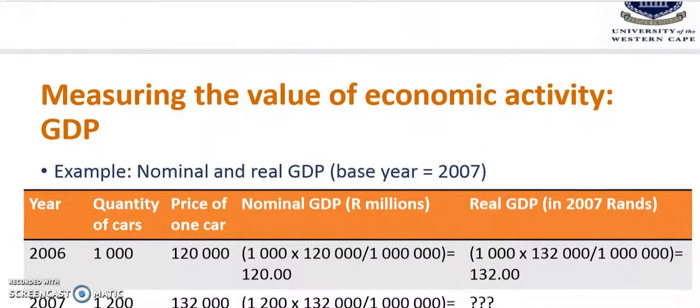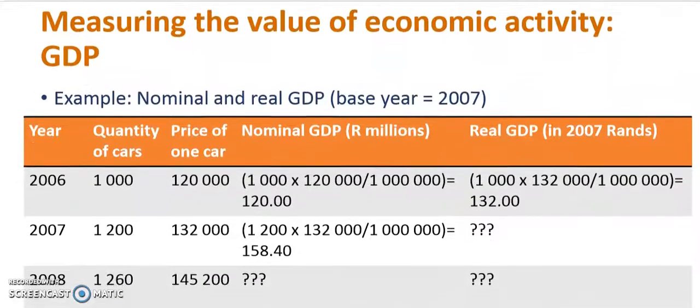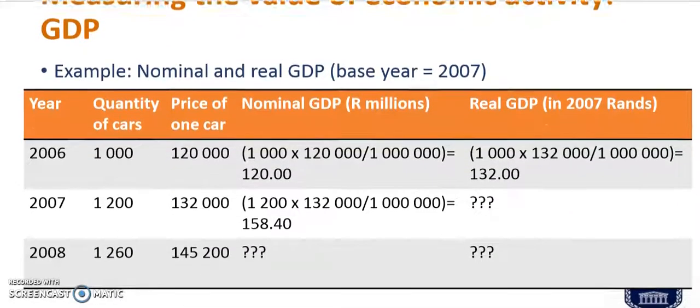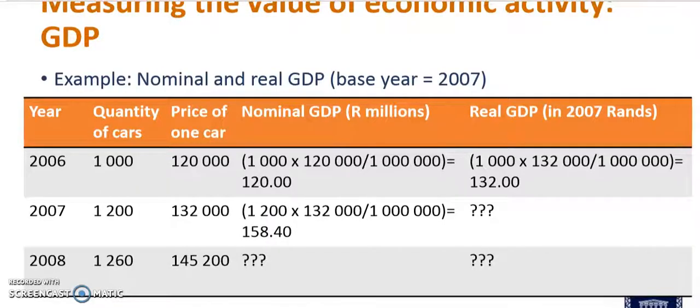Measuring the value of economic activity, GDP: an example of nominal and real GDP, where the base year is 2007. So this is how you calculate nominal GDP versus real GDP. For nominal GDP, you take the quantity of cars times the price of that year divided by 1 million, and then you get 120. For real GDP, you take the quantity of the cars times the price of the base year.